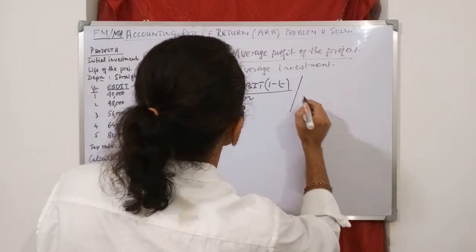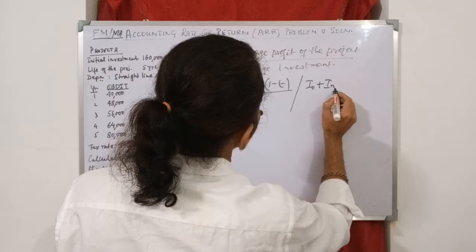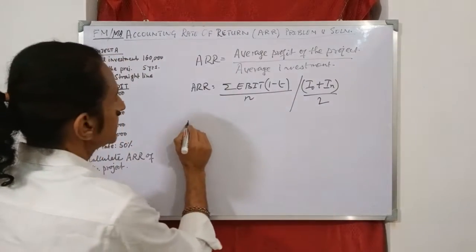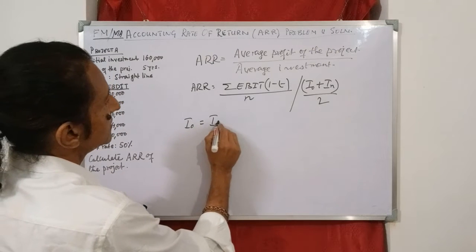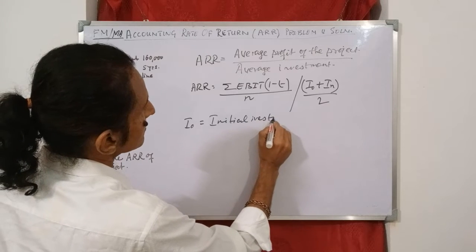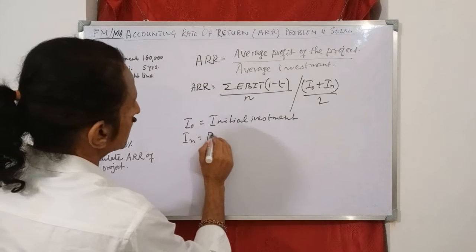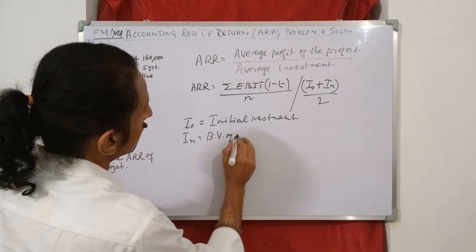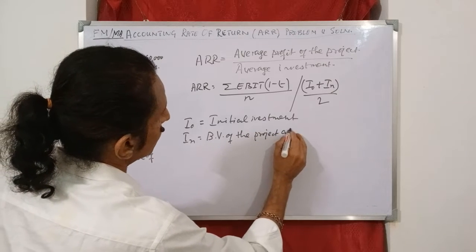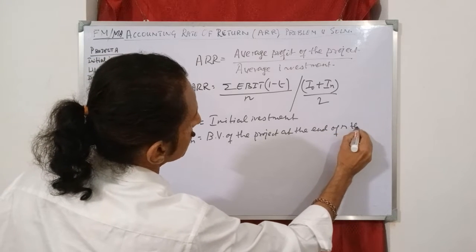This is divided by I0 plus IN divided by 2, where I0 is the initial investment, IN is the book value of the project at the end of the nth year.